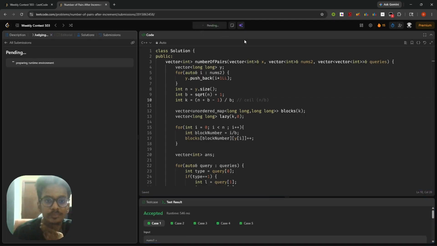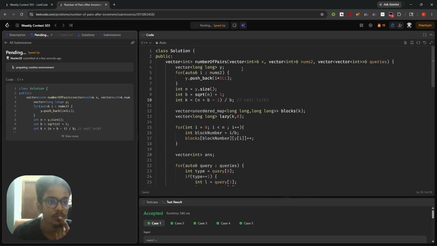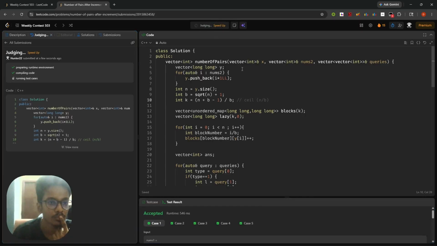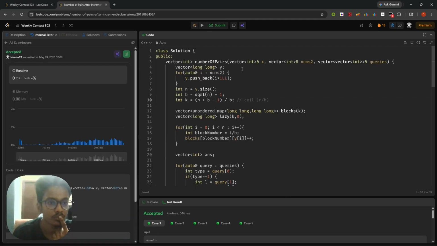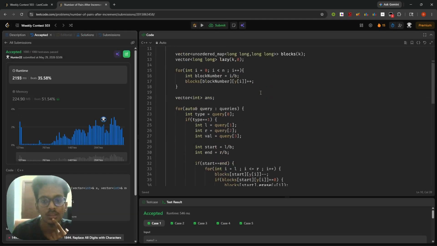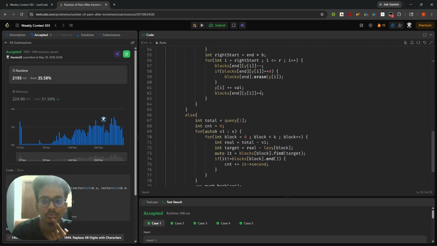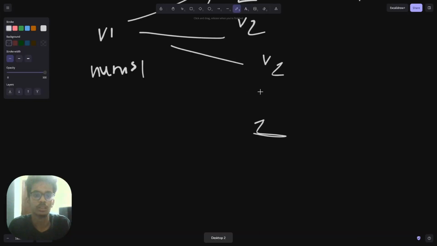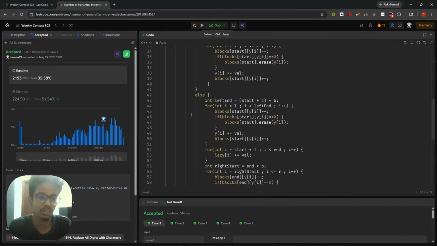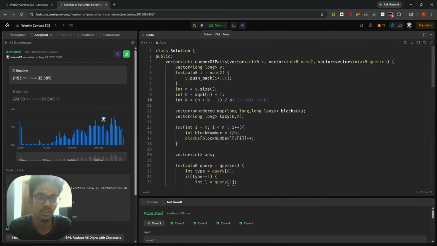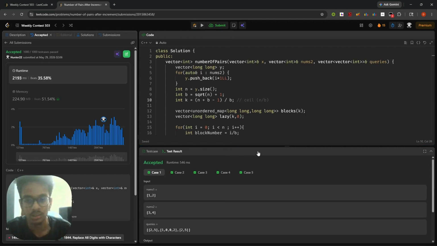Done. Yeah, so that was the thing. I hope the square root decomposition part is clear, except for that debugging and all, which is very easy. The error was pretty intuitive, right? It was just an integer overflow.